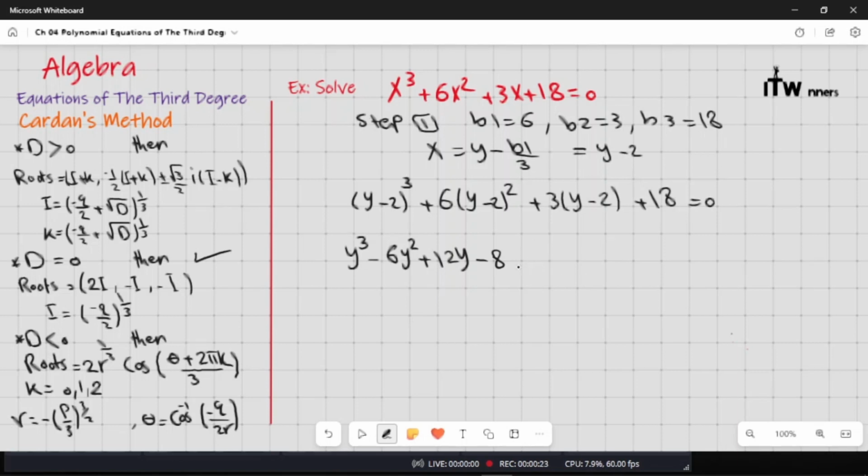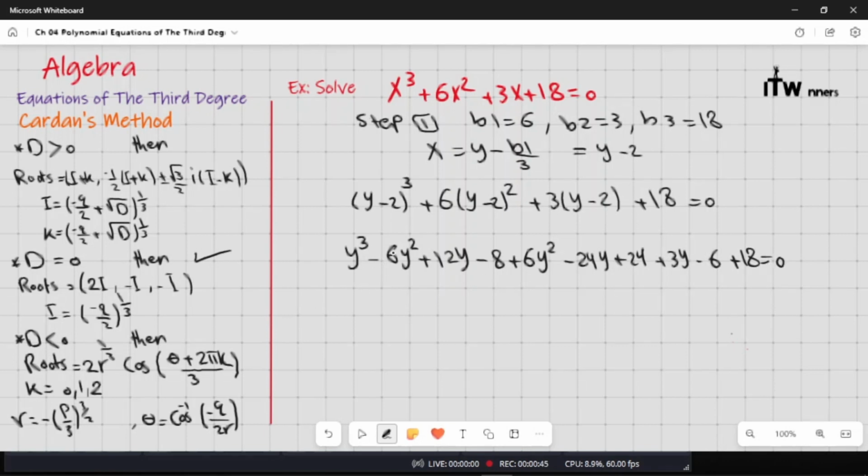Okay, so just plus, here we have 6y squared minus 24y plus 24 plus 3y minus 6 plus 18 equal to 0.